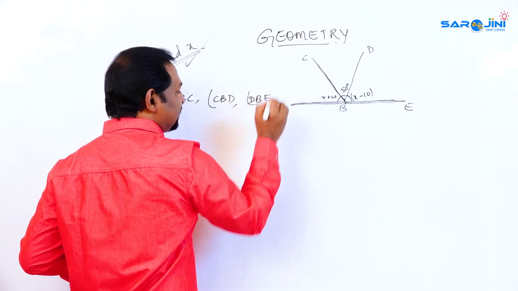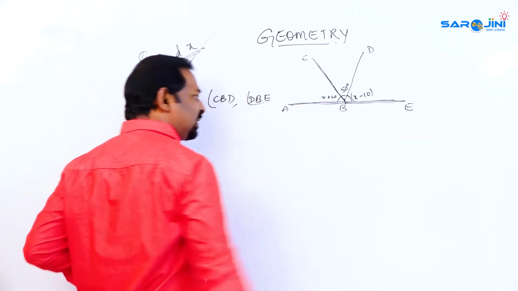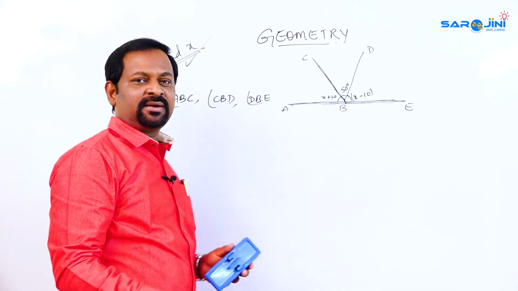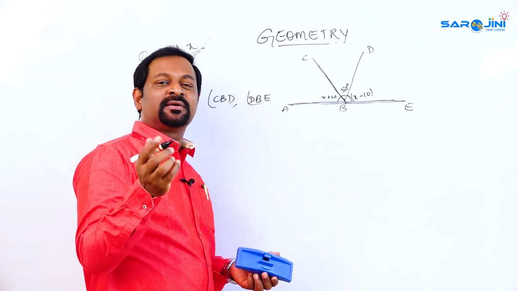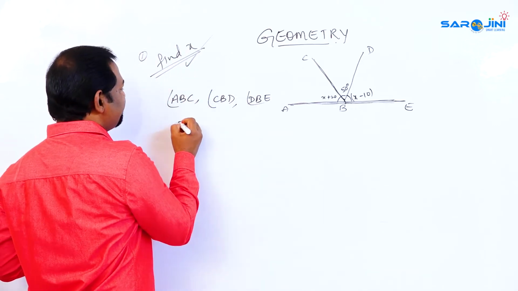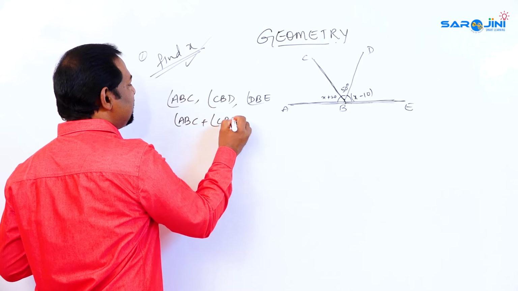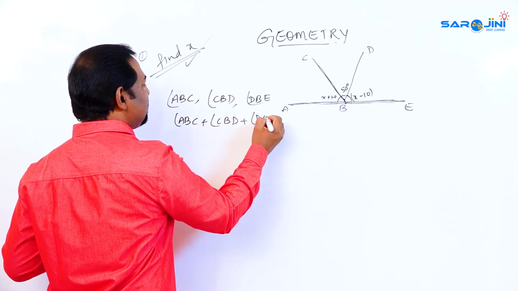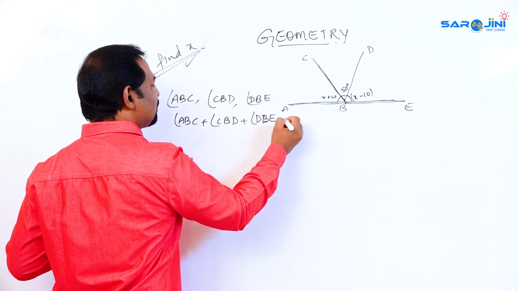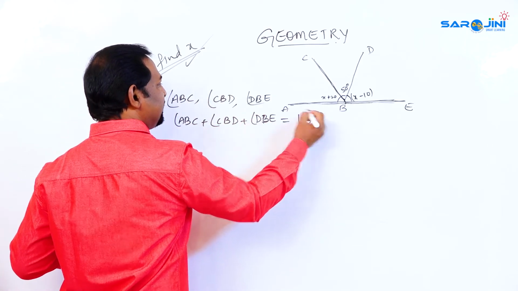There are three angles, but they are all on the straight line. A straight line is nothing but a supplementary angle, that is 180 degrees. So angle ABC plus angle CBD plus angle DBE is equal to 180 degrees.